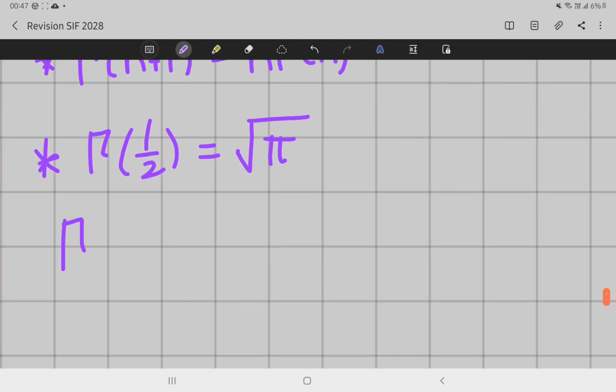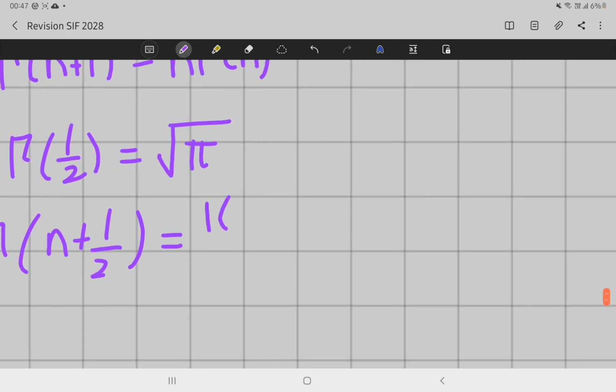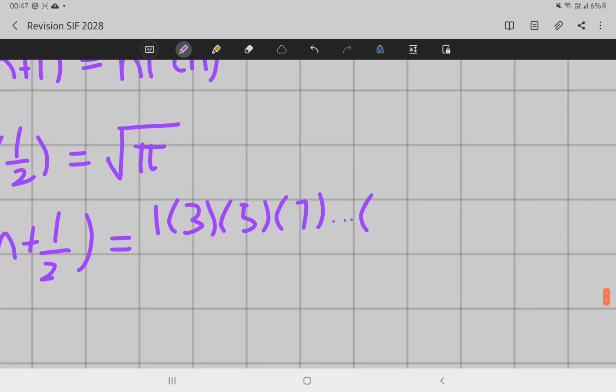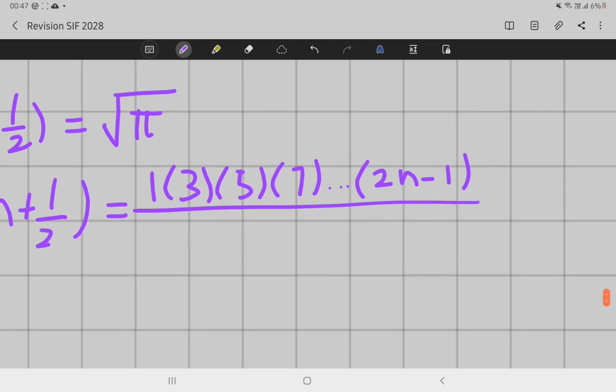And gamma of n plus one half is 1 times 3 times 5 times 7 and so on up to 2n minus 1, over 2 to the power of n, times the square root of pi.